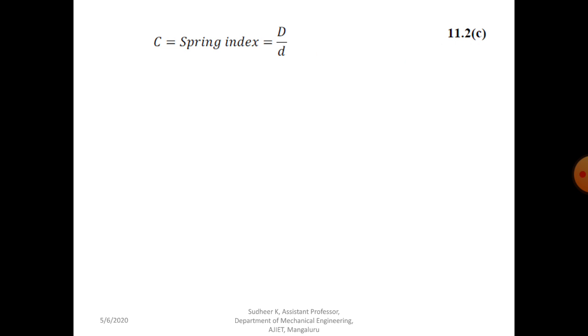Because they have given the value of C, you have to make one relation between the mean diameter of the coil and the diameter of the wire, that is small letter d. The C value given in the problem is 5, so spring index equal to D divided by d, therefore capital letter D is nothing but 5 into d.